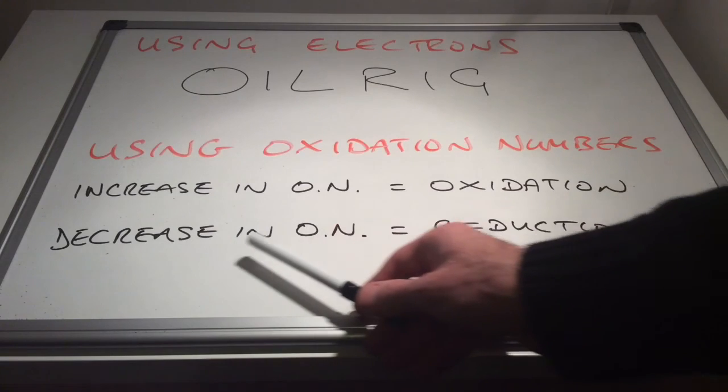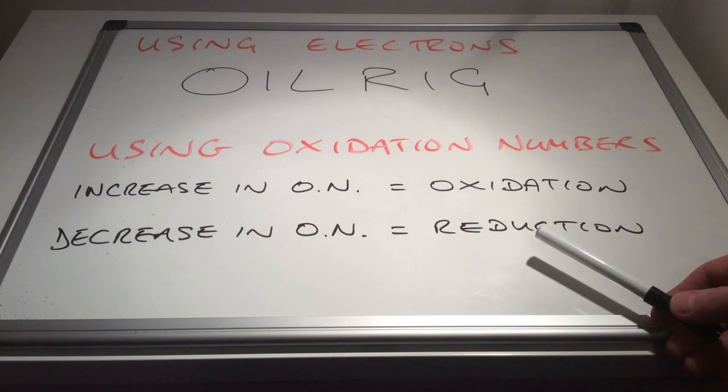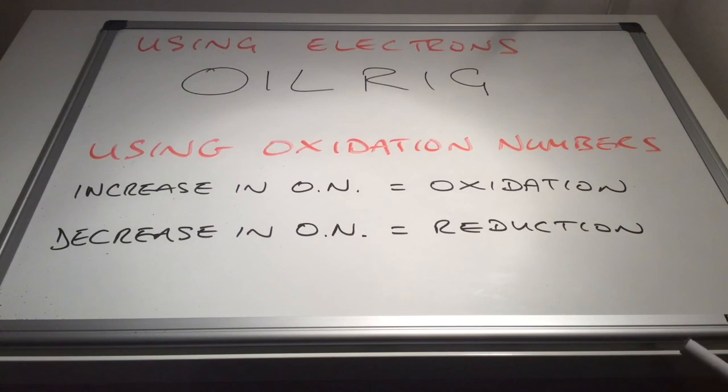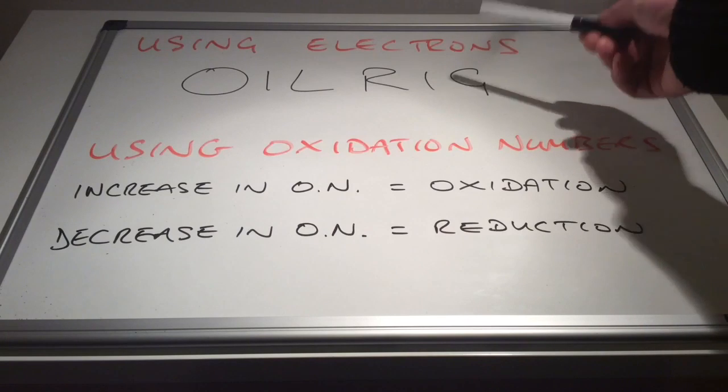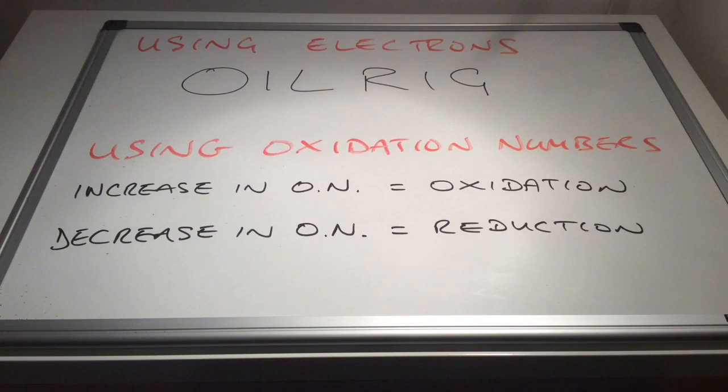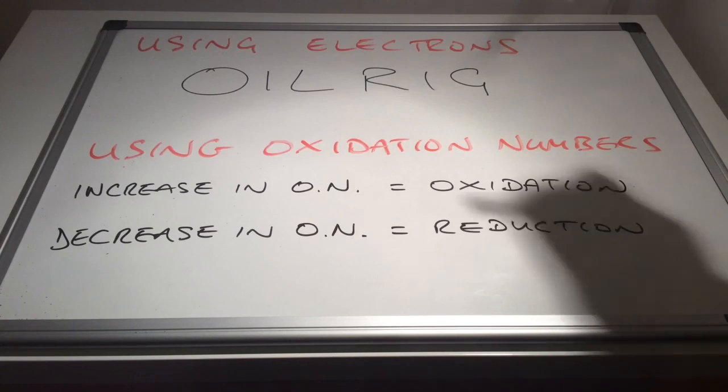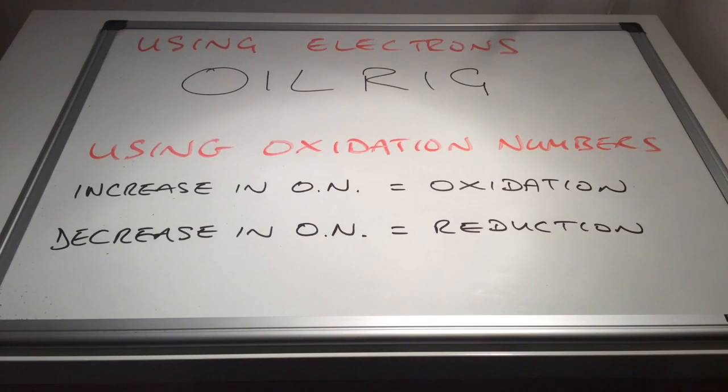To bring about a decrease in oxidation number, i.e. to make it more negative, you need to gain electrons. To make an oxidation number become less negative, i.e. more positive, you need to lose electrons. So that's how the two are linked together.